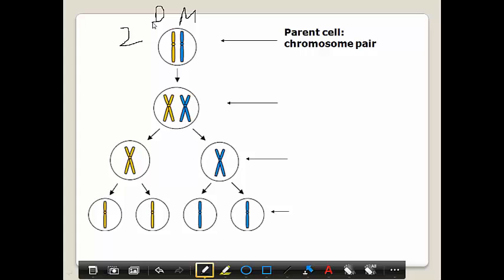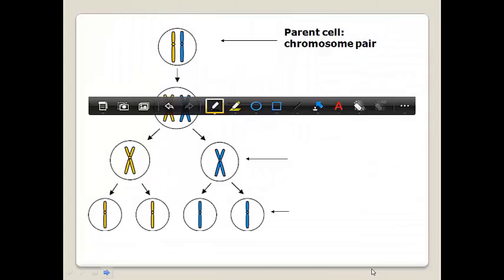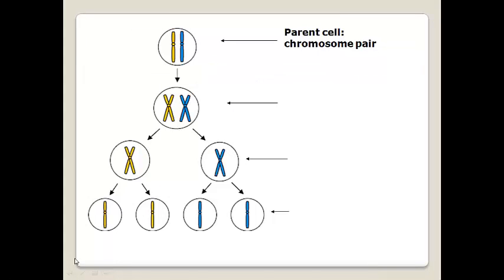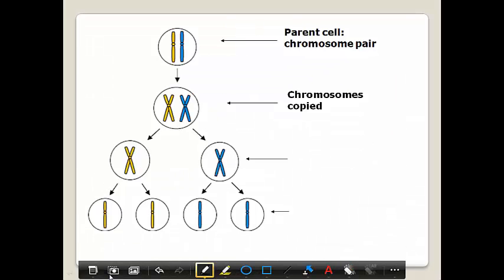What happens next, just like in mitosis, is that that set of chromosomes makes a copy, or the DNA replicates itself. Remember, chromosomes are made out of DNA, and in the S phase of interphase, we copy that DNA. So this original yellow one from Dad now has 2 parts, and the original blue one from Mom also now has 2 parts.